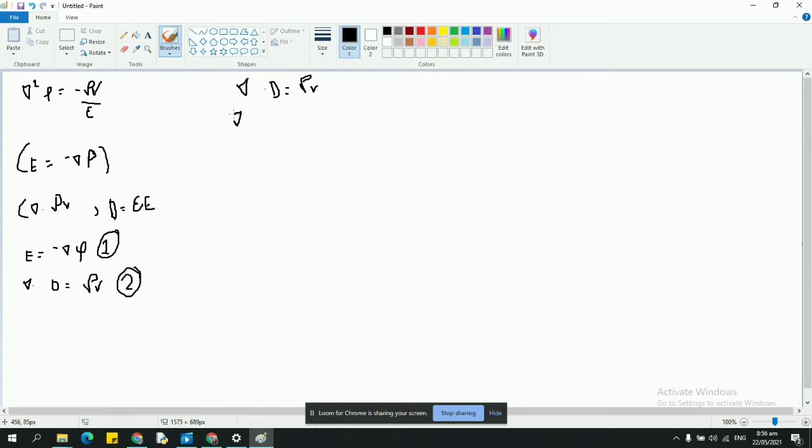Then, we factor out epsilon. So, we have epsilon del electric field equals the volume charge density.